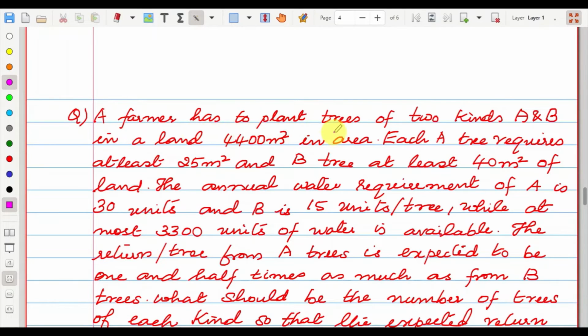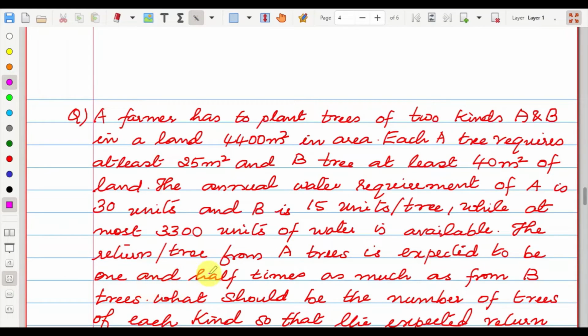A farmer has to plant trees of two kinds, A and B, in a land of 4400 meter square in area. Each A tree requires at least 25 meter square and each B tree at least 40 meter square of land. The annual water requirement of A is 30 units and B is 15 units per tree, while at most 3300 units of water is available.